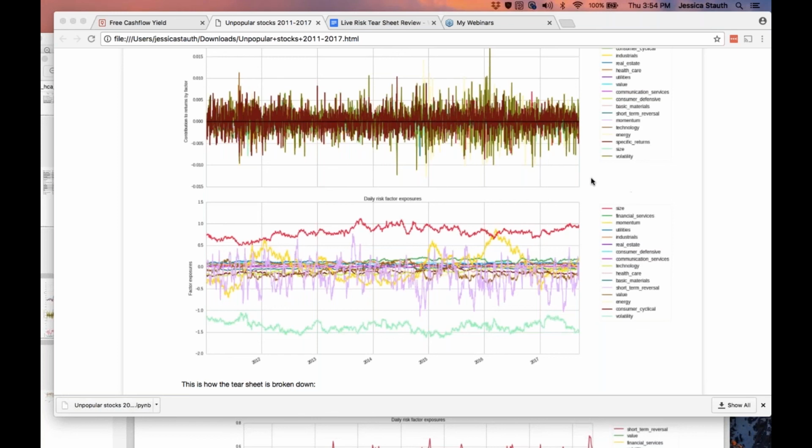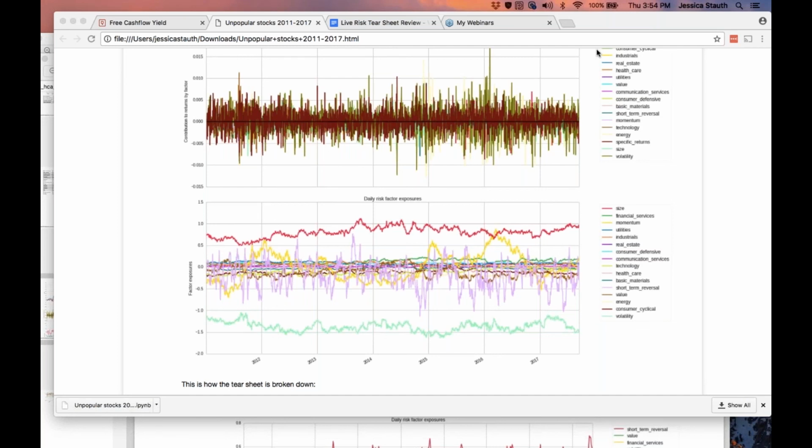Also, Jess and I today talked about adding transaction costs to the algos. So you will see how the return attributions look after applying the transaction cost, including the slippage cost and the commission fee.